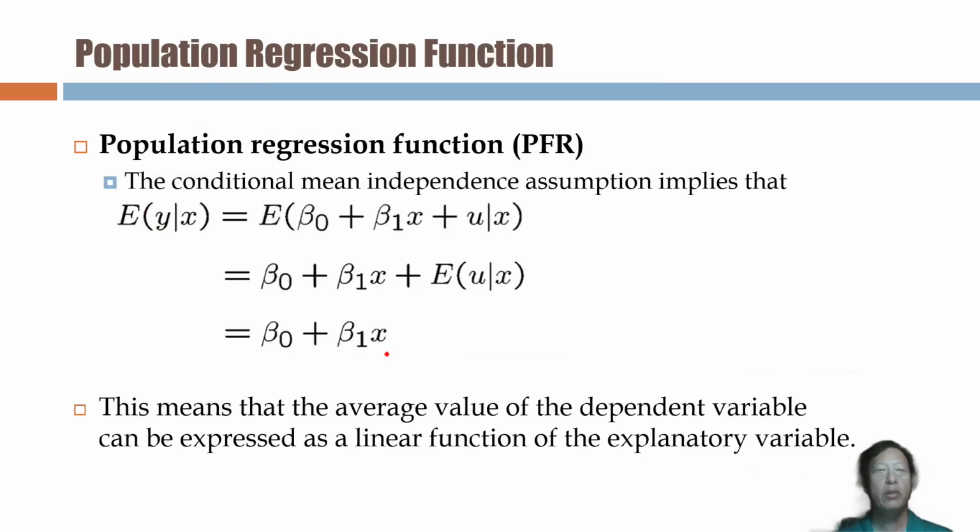Okay. And the population regression function. This is the same as the population data and the sample data. When we do the regression, we will use sample data. We cannot have population data. So the population regression function is the real regression function. If we use the full population data, then we can get this regression function.